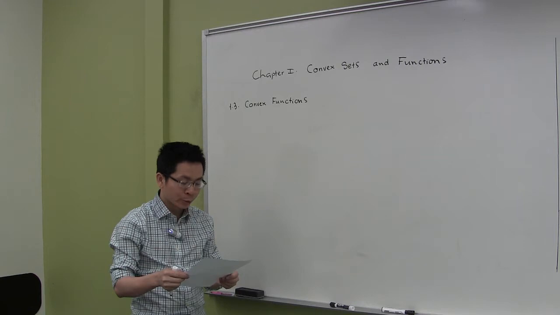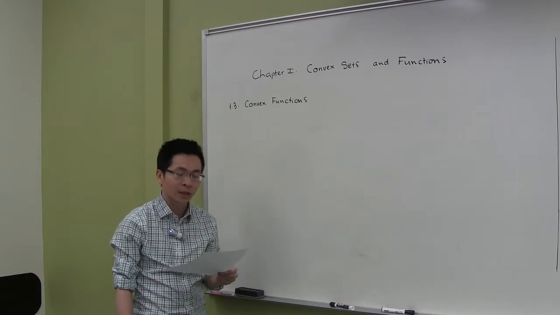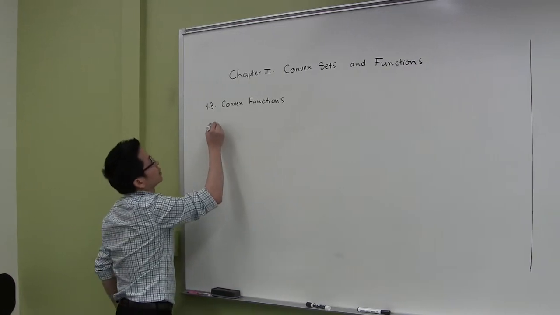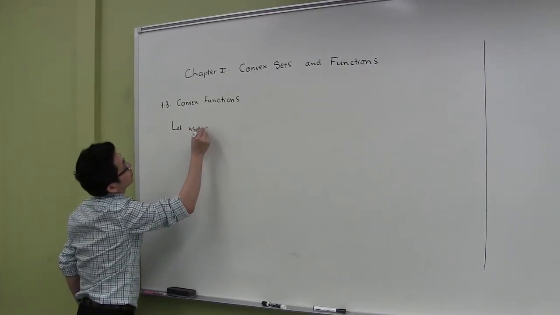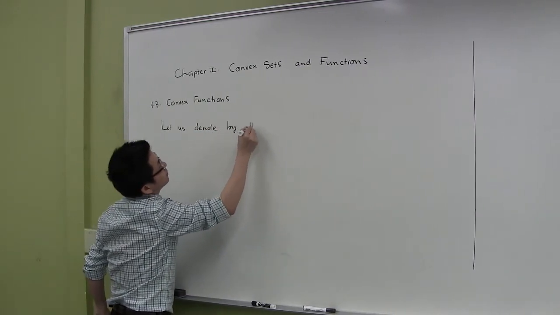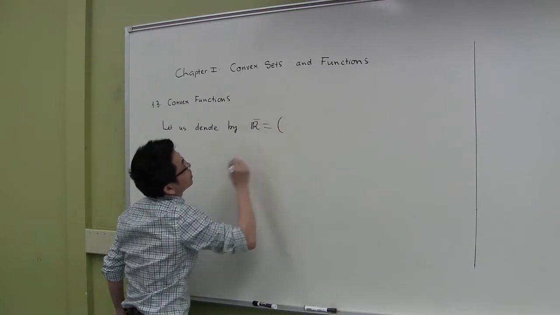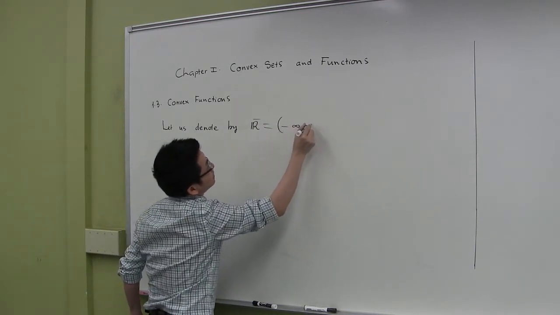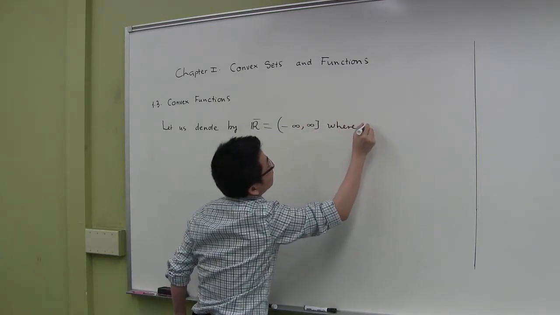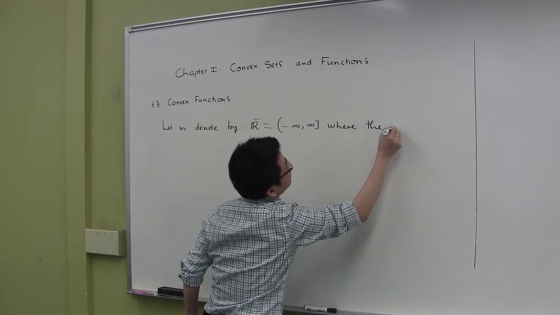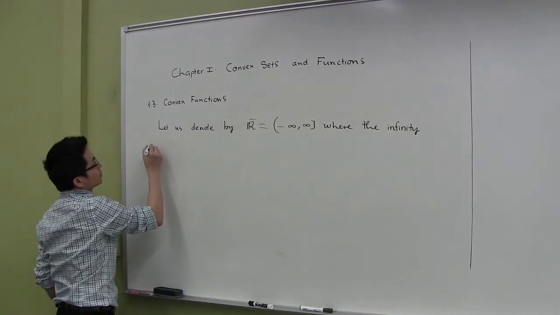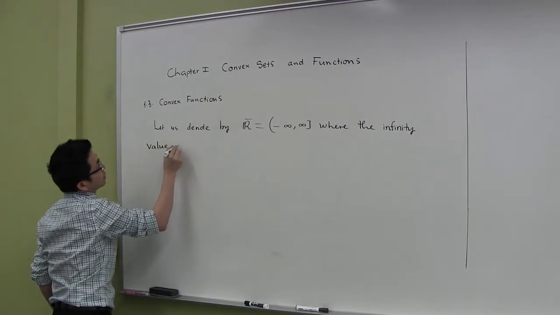In this section, we will study some basic facts about convex functions in Rn. Now, let us denote by R bar the extended real line, where the infinity value is allowed.